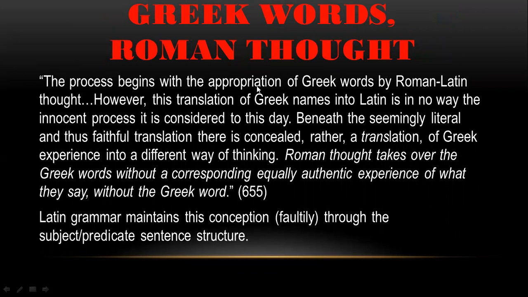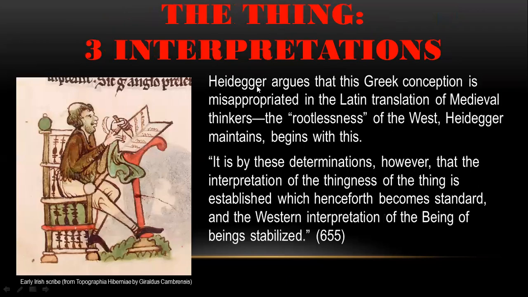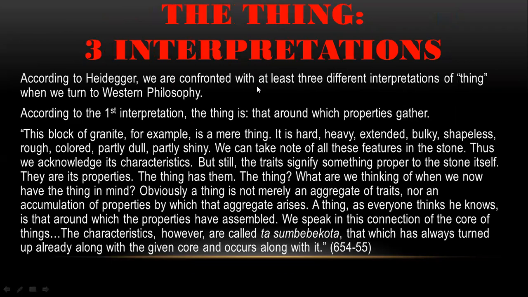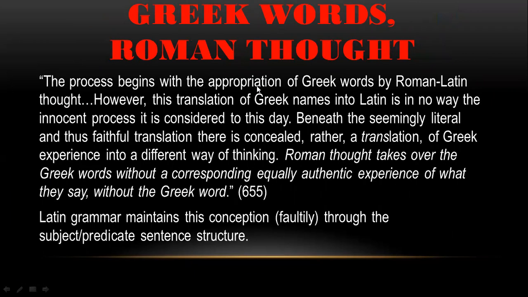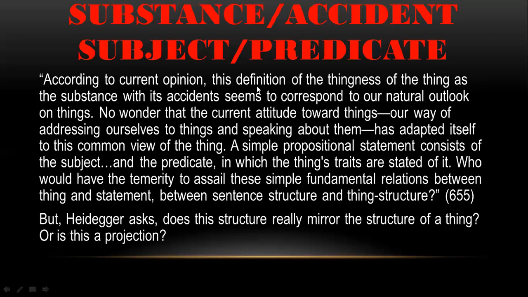He's going to talk about how this concept of the drawing together, this ta symbebekota or whatever, I can't pronounce it correctly, once it gets Latinized by the medieval scholars, starts to lose a bit of its original meaning, and doesn't correspond to the actual experience of the Greek that was coining that phrase. So the Greek was not experiencing being the way the Roman scholar was. When they translated the words from the Greek into Latin, something was lost.